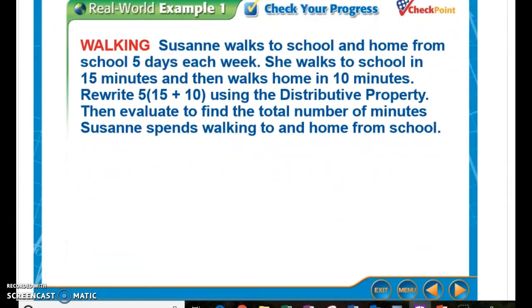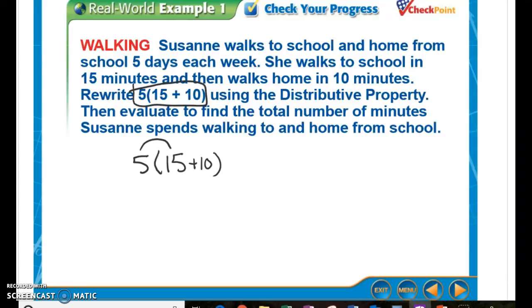Here's another example. Suzanne walks to school and home from school 5 days each week. She walks to school 15 minutes and then walks home in 10 minutes. So we're going to rewrite that using the distributive property because this is the relationship that goes with that. So 5 times the sum of 15 plus 10.